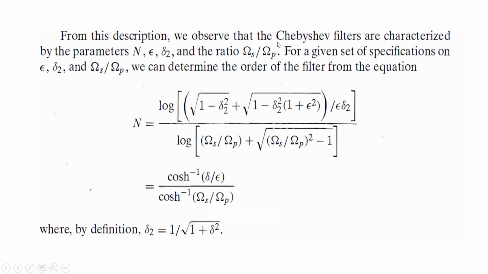Now, from this description, we observe that Chebyshev filters are characterized by the parameters n, epsilon, delta 2, and the ratio omega_s by omega_p. For a given set of specifications on epsilon, delta 2, and omega_s by omega_p, we can determine the order of the filter from this equation, where by definition delta 2 is equal to 1 over the square root of 1 plus delta squared.